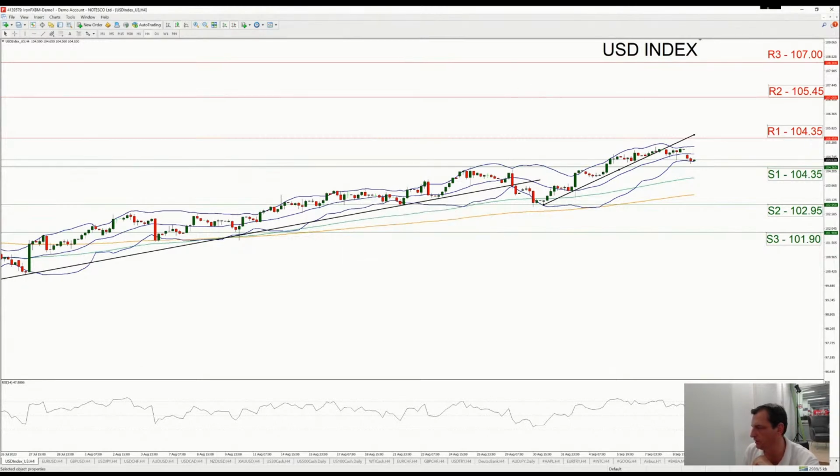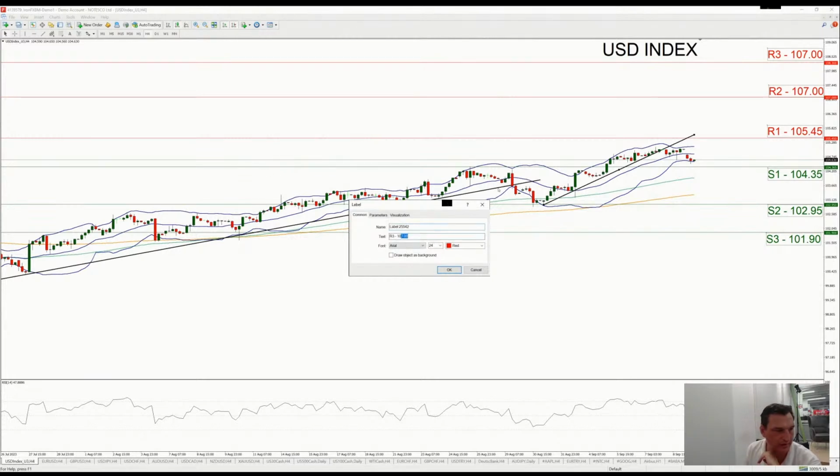The R1 at 105.45. The R2 at 107. And the newly indicated R3 at 108.30. Sorry. Let's lock everything in.